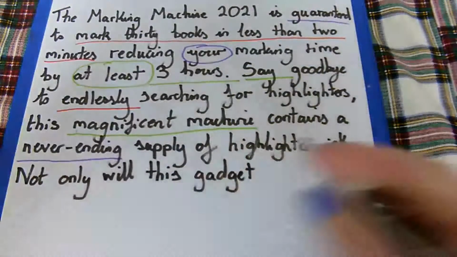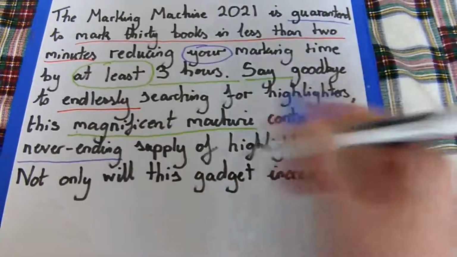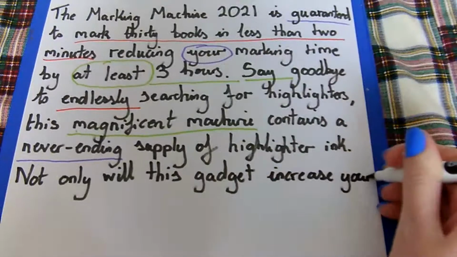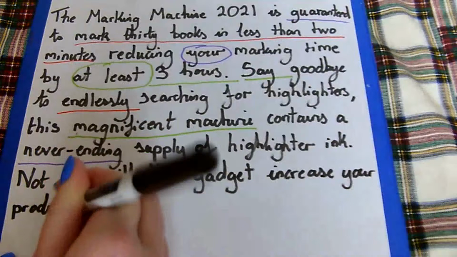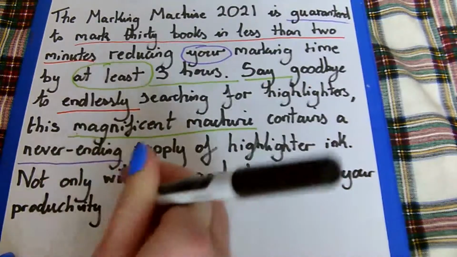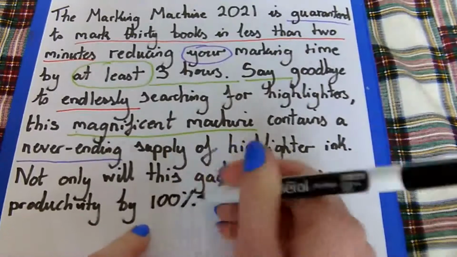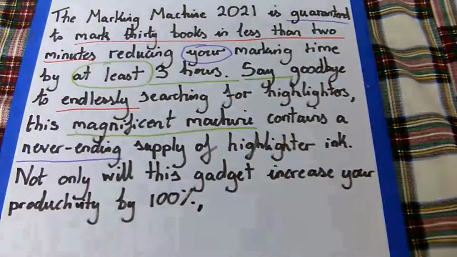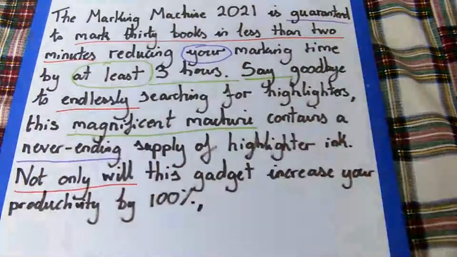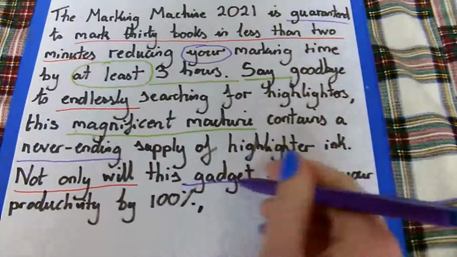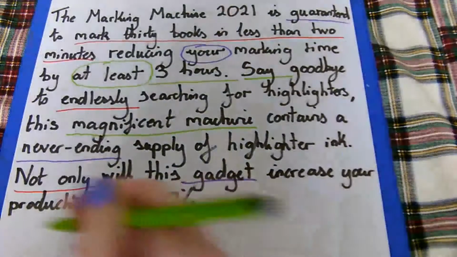Not only will this gadget increase your productivity by 100%, comma. So what I've done here, I've got my different sentence starter, not only will, I've got my different noun phrase, this gadget, and then I've got another statistic, increase your productivity by 100%.